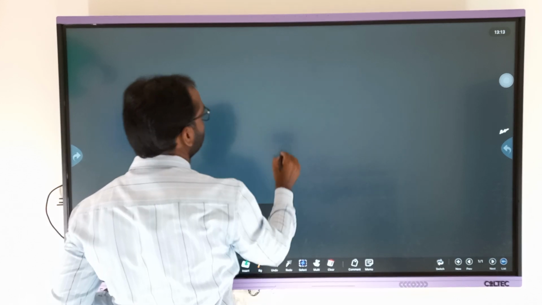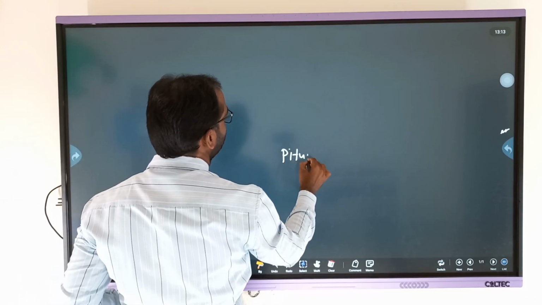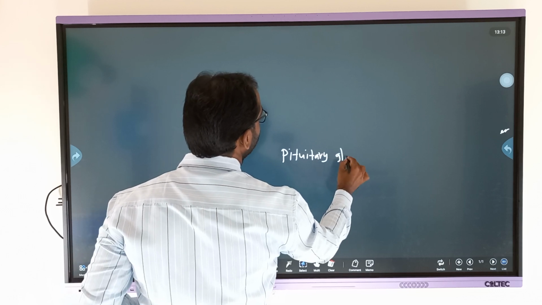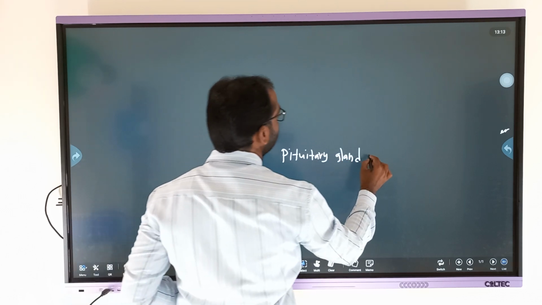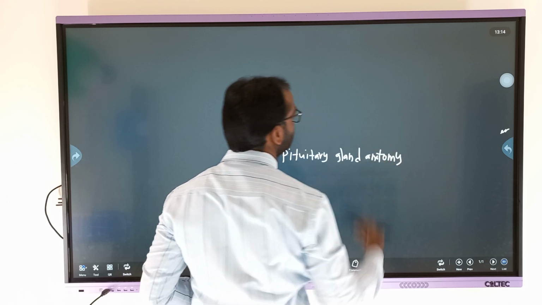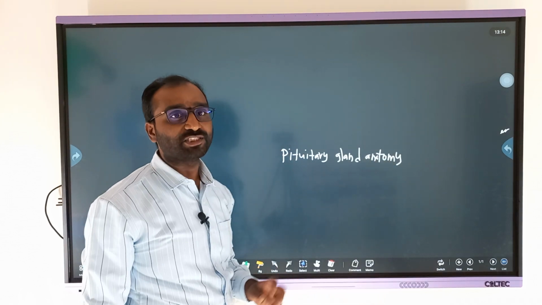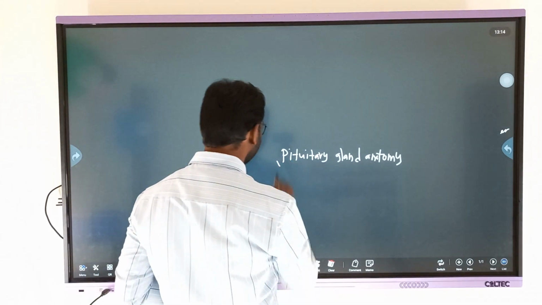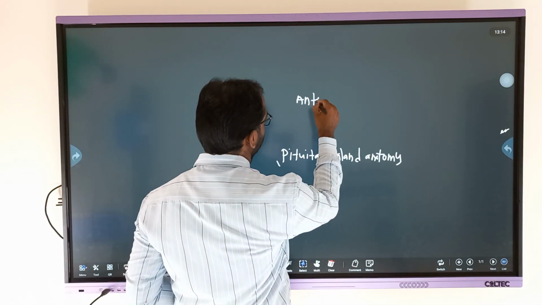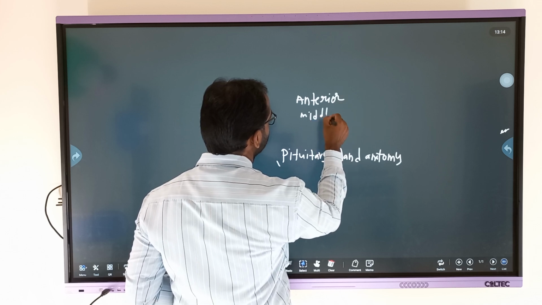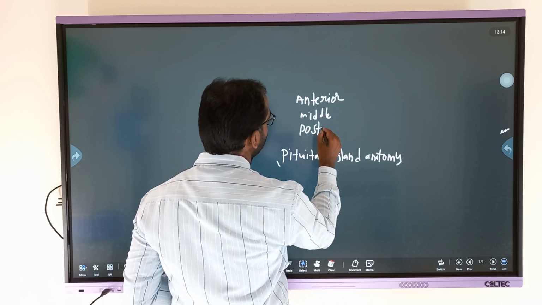Right. So next one is the pituitary gland. Generally, the pituitary gland has various regions, such as anterior, middle and posterior.